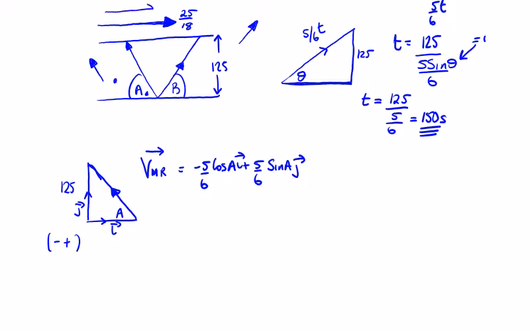The velocity of the river is just in the I direction in this case. So the velocity of the river will be equal to 25/18 in the I direction plus nothing in the J direction.